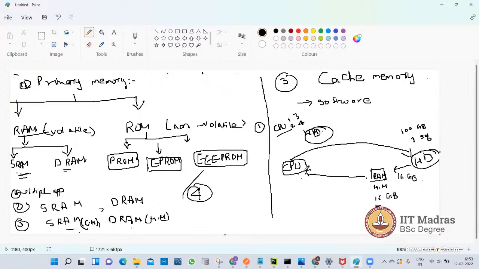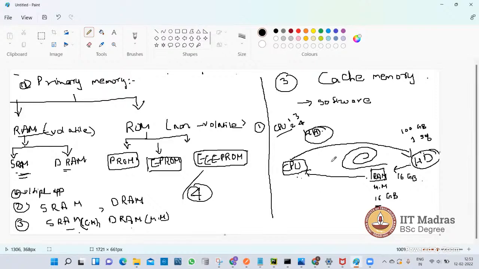Let's say the CPU wants to execute the previous instruction, number one, the first instruction. This instruction cycle is continuous working, and this kind of thing is happening continuously. Let's say the CPU is executing instruction number 5 or 6. What happens if it wants to execute instruction number 1 once again, a second time?